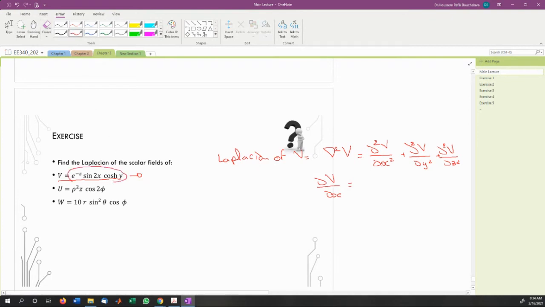What is the derivative of sin 2x? It is 2 exponential minus z cosine 2x cosine hyperbolic y.